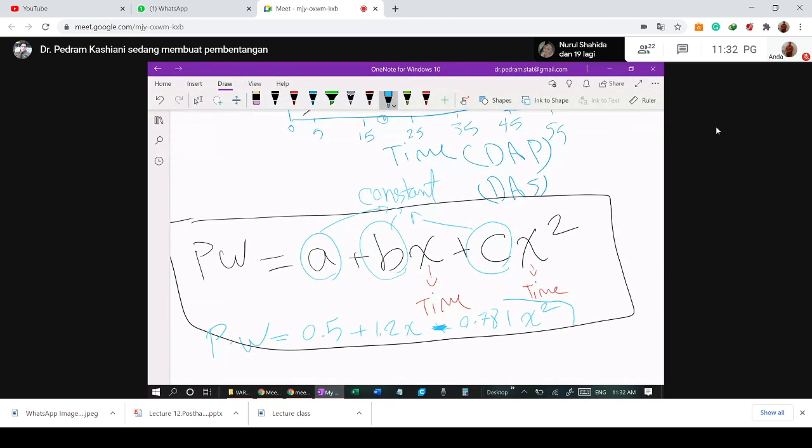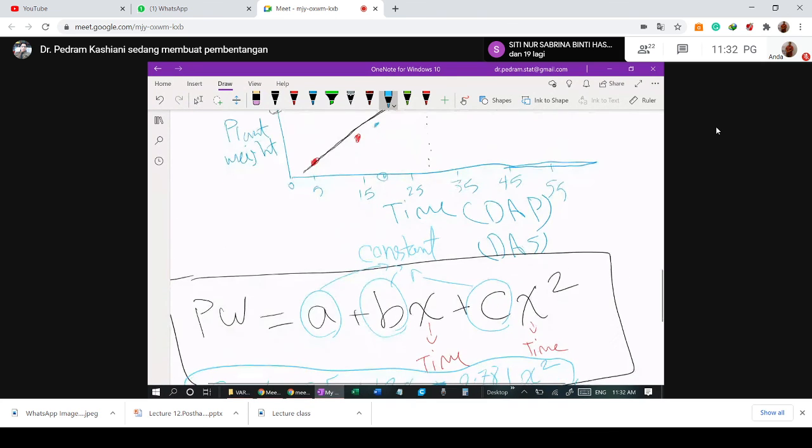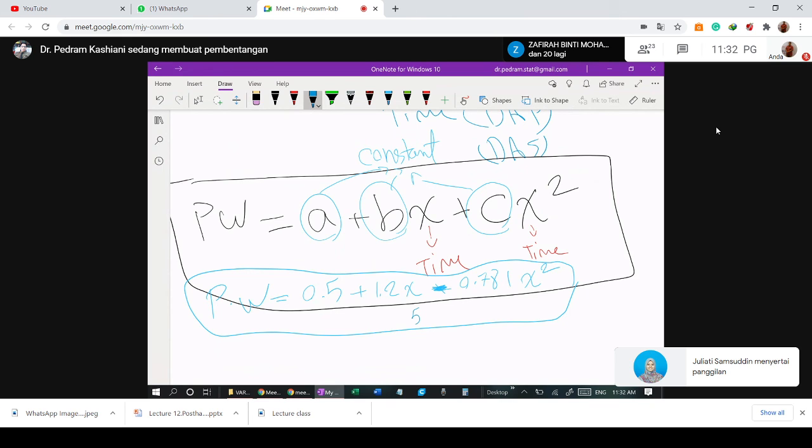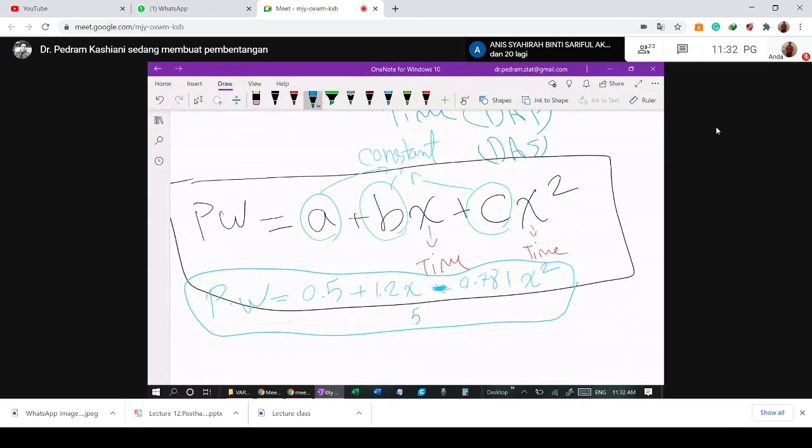So any day I want to find, I can find from this equation. I don't even need to draw this. From this equation, you say to me day 5. Okay, I put 5 here. So 0.5 plus 1.2 times 5 minus this value times 5 to the power of 2. Based on this, I calculate the plant height.